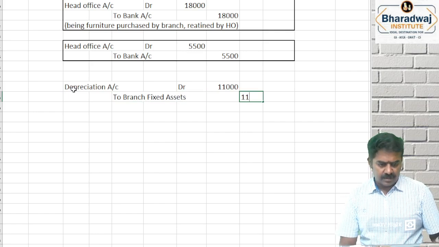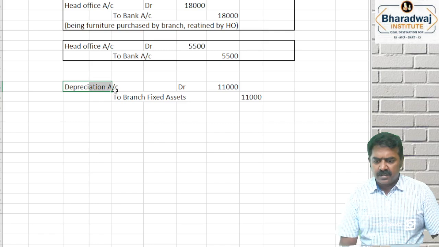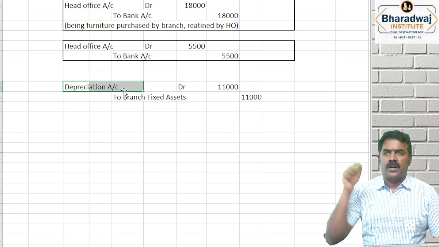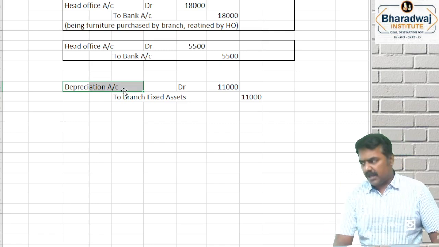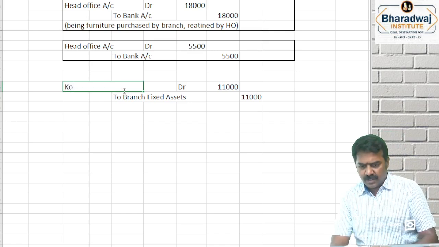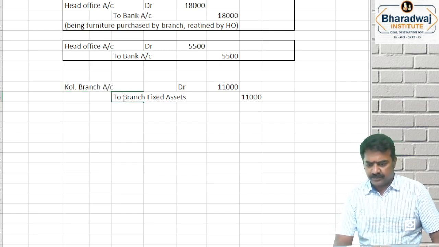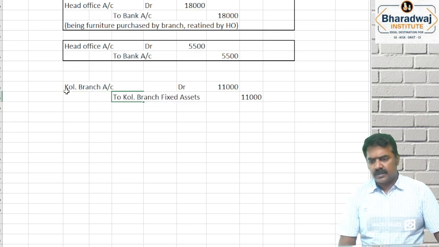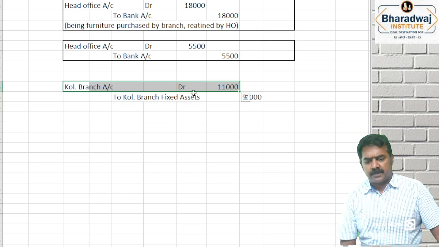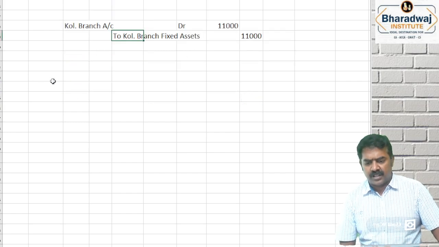11,000, right? But the problem is, is this depreciation related to our assets or branch assets? Branch assets. What entry will you pass? Kolkata branch account debit to branch fixed assets. Debit the expense to the branch.